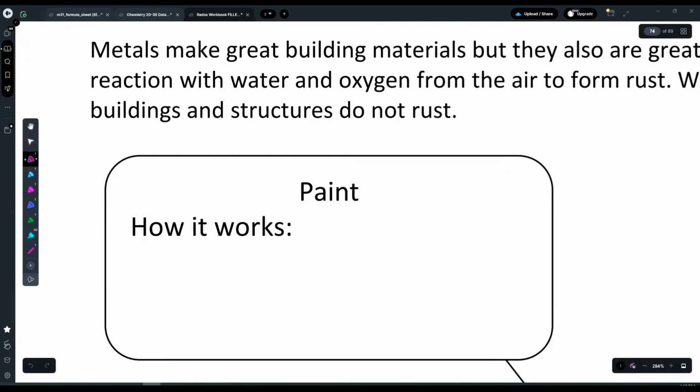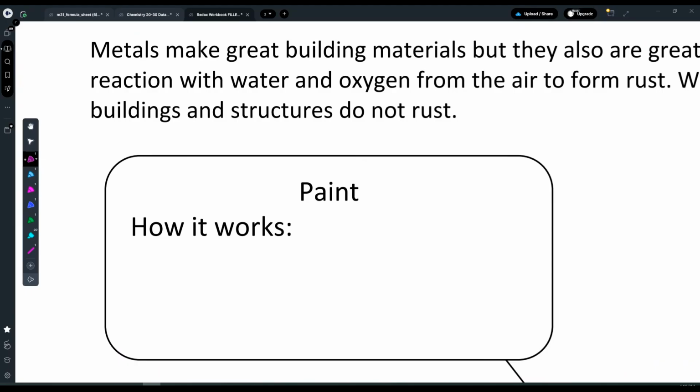So what's happening here is when we paint metal, so for example, if you have a car and obviously it's painted, that paint on your car is going to protect the metal in the body of the car from rusting. Right?